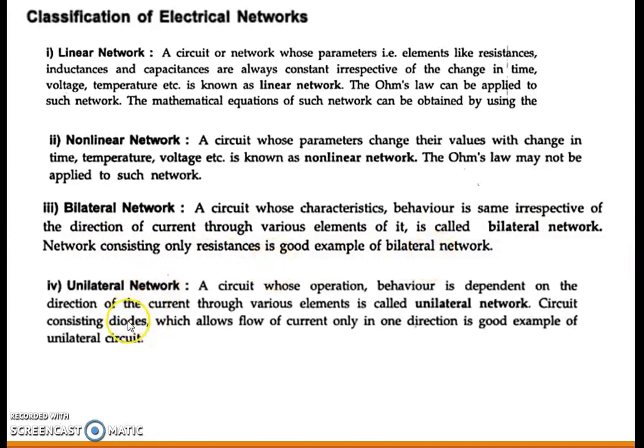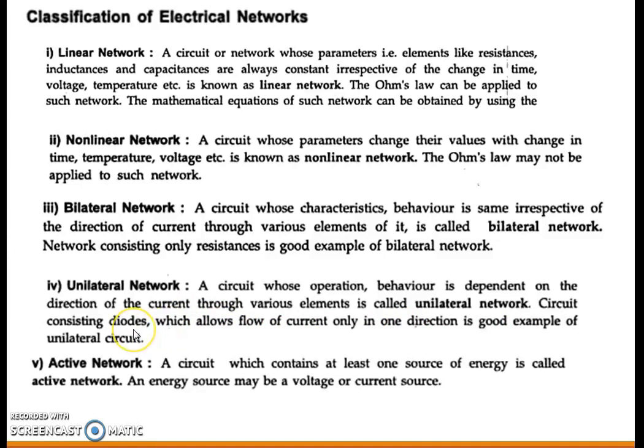In a unilateral network, a circuit whose operation or behavior is dependent on the direction of current through various elements is called a unilateral network. A circuit consisting of diodes, which allow flow of current only in one direction, is a good example of a unilateral network. Yes, a diode will conduct only in forward biasing condition. So the current flow in one direction only is allowed in a PN junction diode.